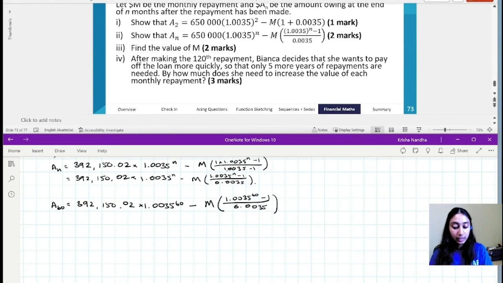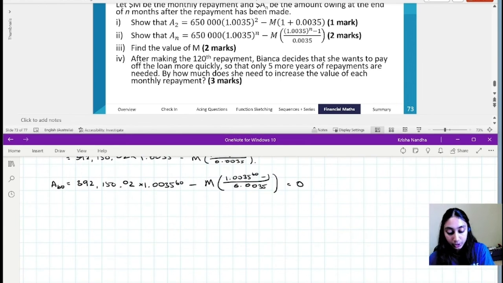And now here's the thing. Just like before, if she wants to have it finished by 60 months, then the amount owing at the 60th month should be $0. So A60 should be 0. Now we just need to solve for m.